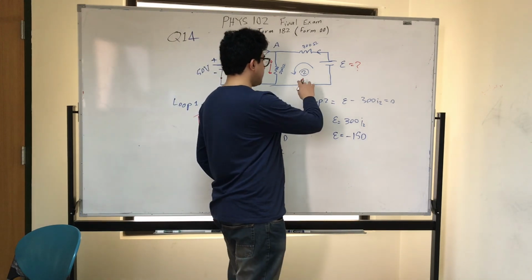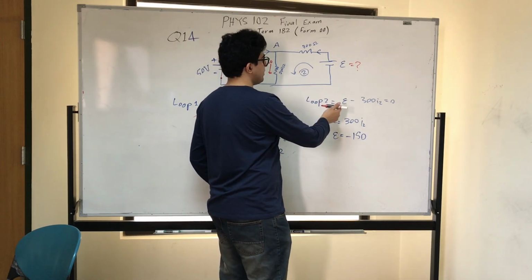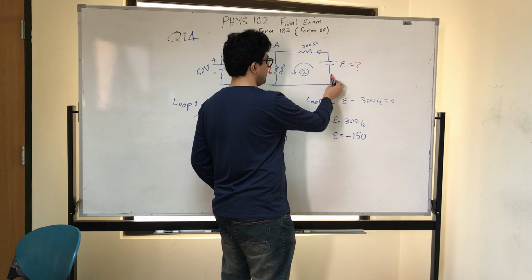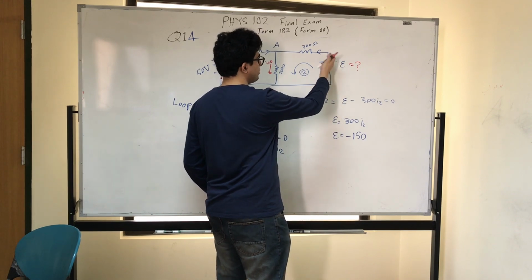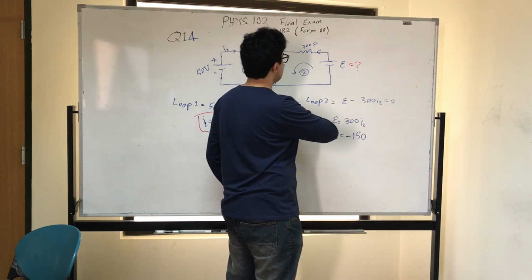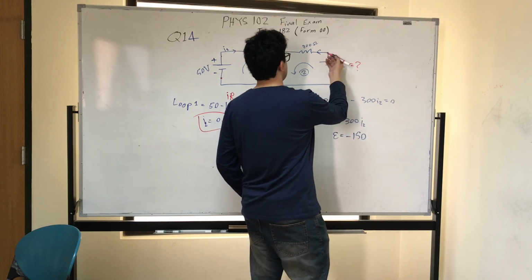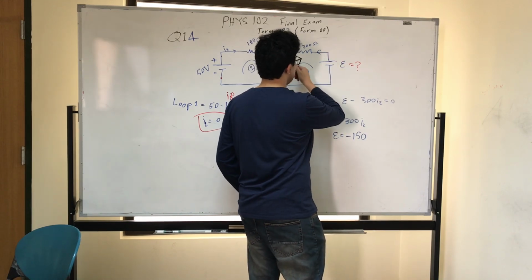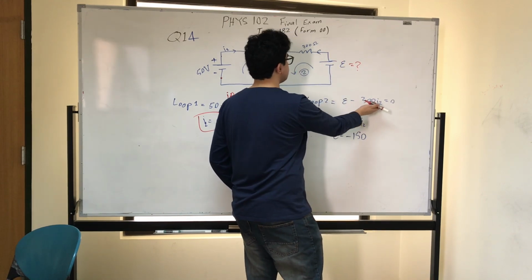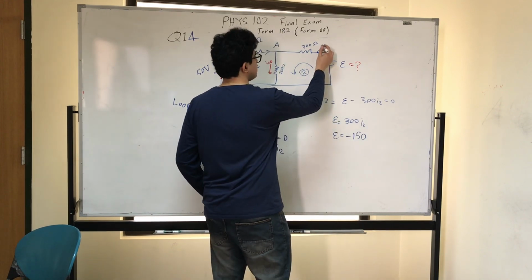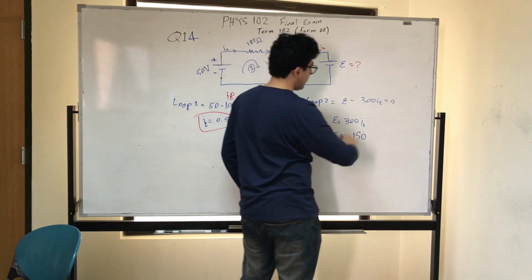Now, if you take the other loop, so we're going to take it from here. If you move from negative to positive, you're going to have the EMF. And if you go this direction, you're going to have negative, the resistance times I2. So here, let's call it I2.